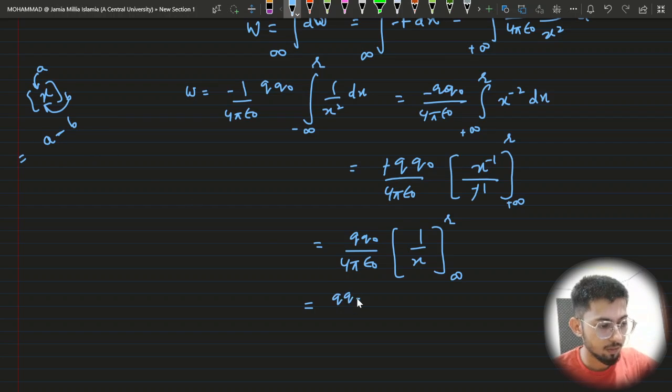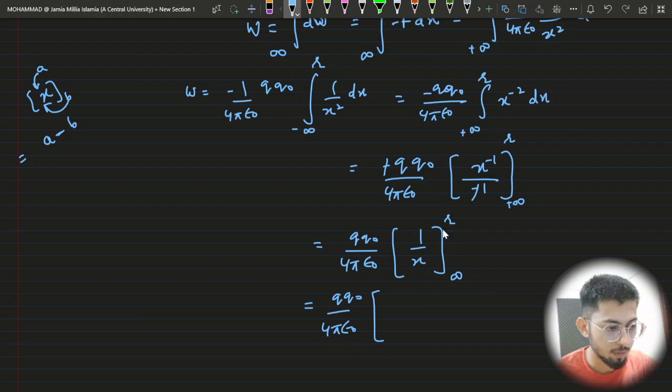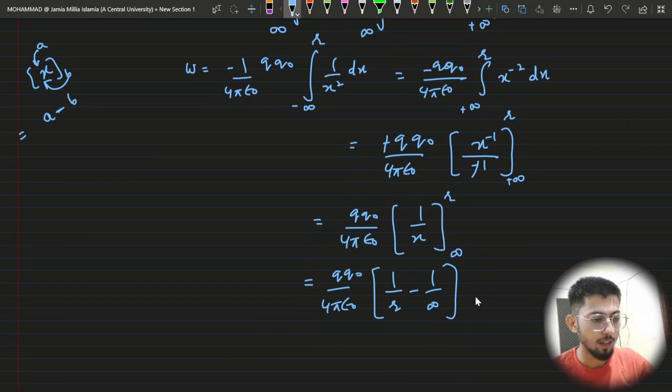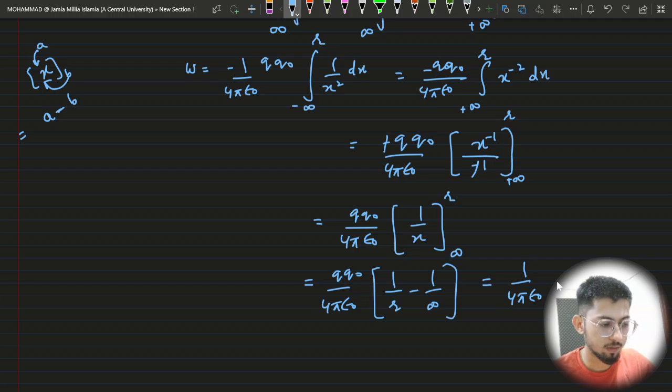So here also we will substitute r in place of x, so 1 by r minus 1 by infinity, and 1 by infinity is 0. So 1 by 4 pi epsilon naught q naught by r. This is the final result.